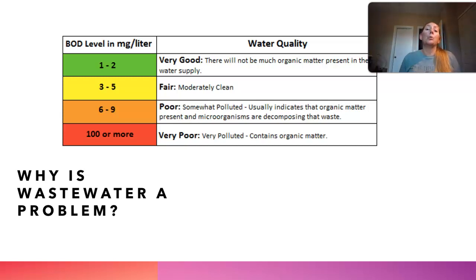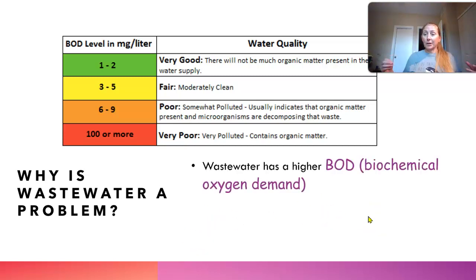Wastewater that has a lot of fecal matter in it has a lot of nitrates and phosphates because there's nitrogen and phosphorus in poop. And so this becomes a pollutant. These nitrates and phosphates become a pollutant because this water that has a lot of nitrogen and phosphorus in it has what we call high BOD, biological oxygen demand.